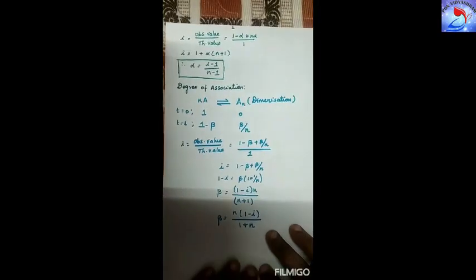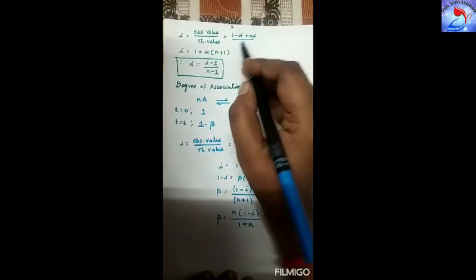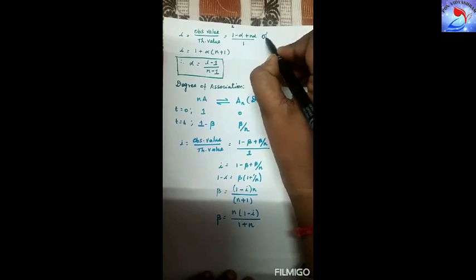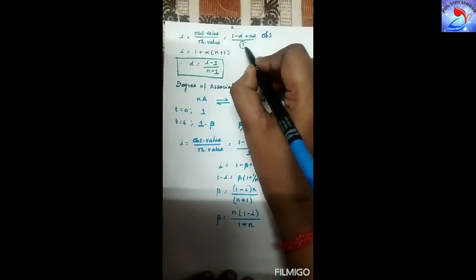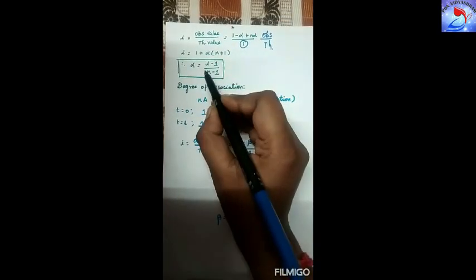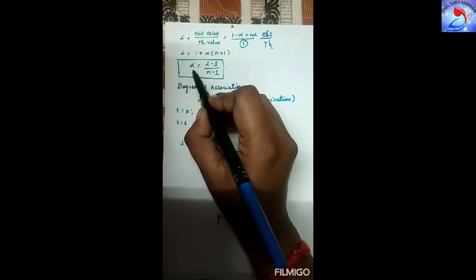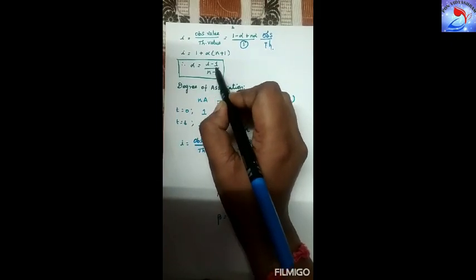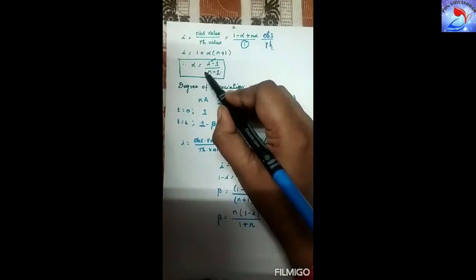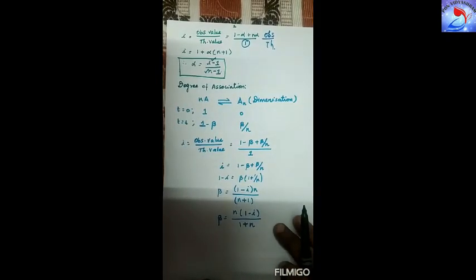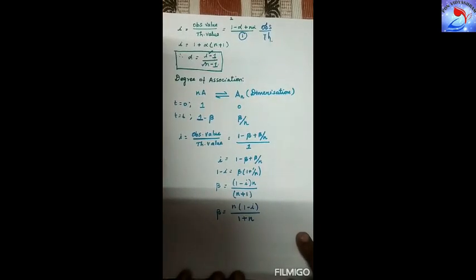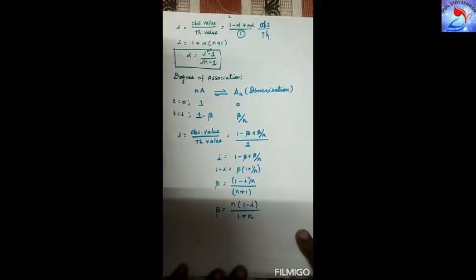Substituting, i equals 1 minus alpha plus n alpha divided by 1. On simplifying, we get the degree of dissociation alpha is equal to i minus 1 divided by n minus 1, where i is the Van 't Hoff factor and n is the number of particles or ions present in the solution.